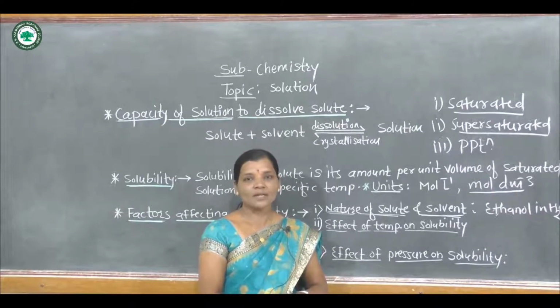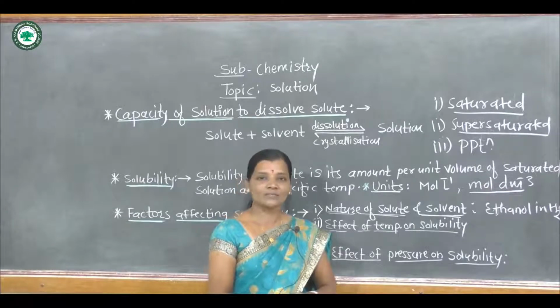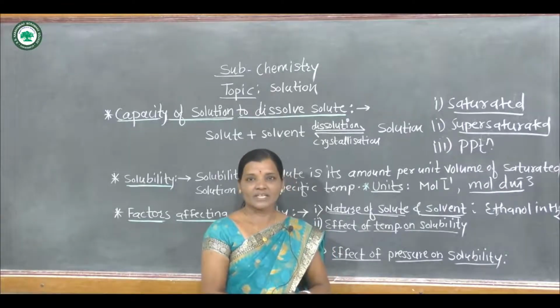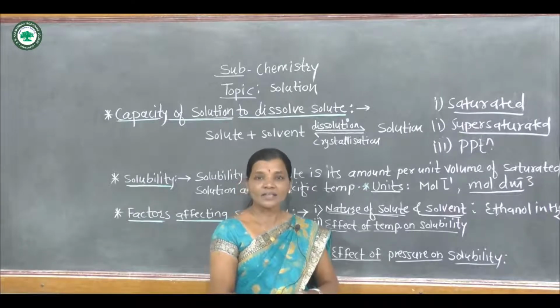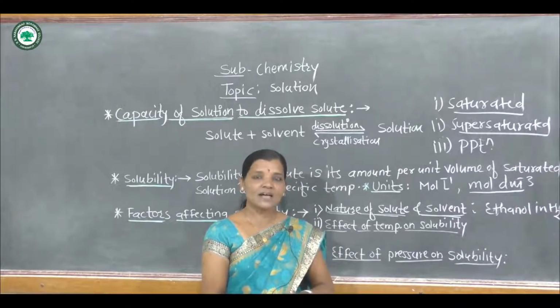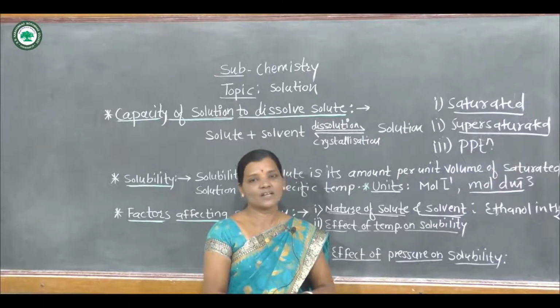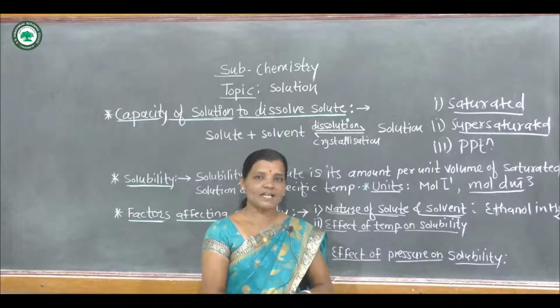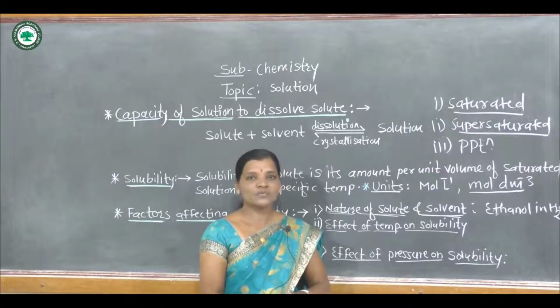For example, if we consider the solubility of NaCl in water, then Na+ and Cl- ions have ion-ion interactions. Then there also exist ion-dipole interactions, and also hydrogen bonding due to water as a solvent. Hence, if solute is polar in nature and solvent is polar in nature, then the solubility of solute in that polar solvent is greater.